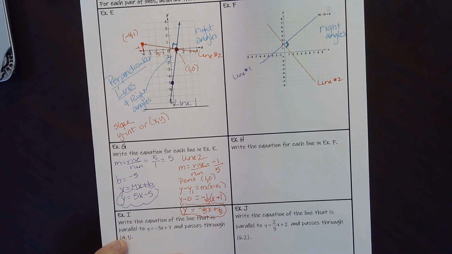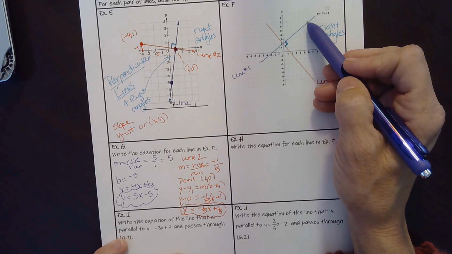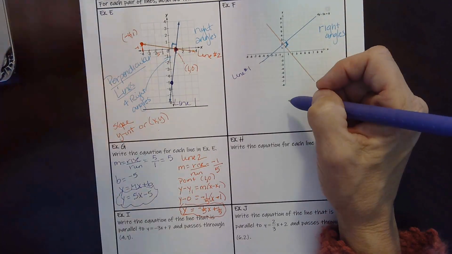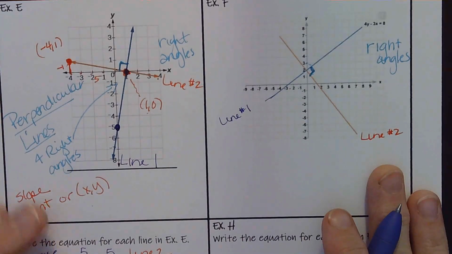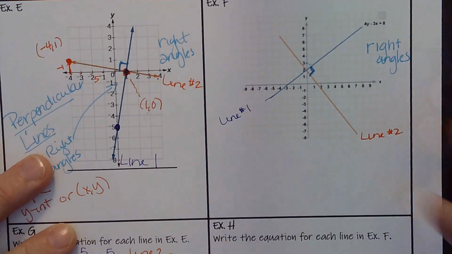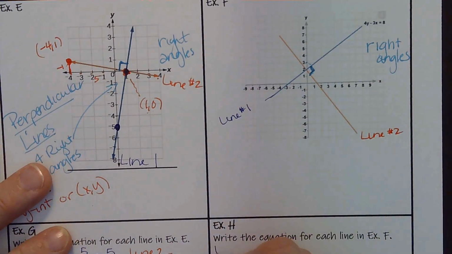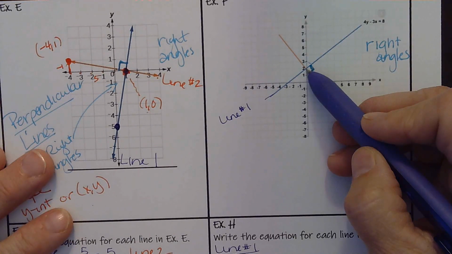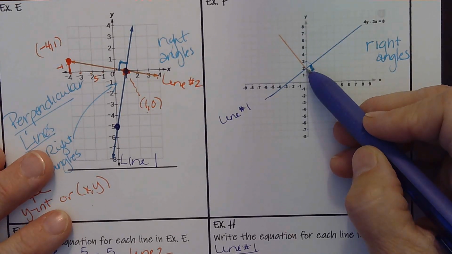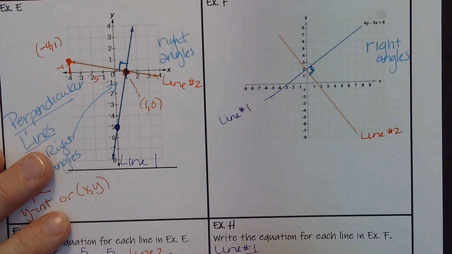So let's see what we can determine from this line. For line 1, the y-intercept of this point is at 2. So that's good. I know that the y-intercept is at 2.